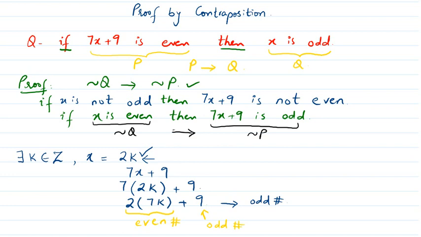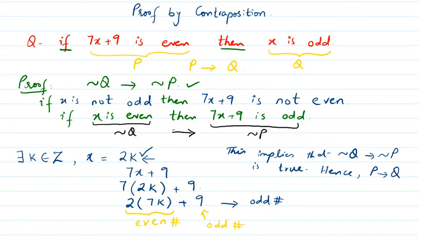And once we have proved that not of Q implies not of P is true, hence, P implies Q, यानी जो given हमारी statement थी is true, right? So this is the end of the proof, and we have proved that statement by contraposition.